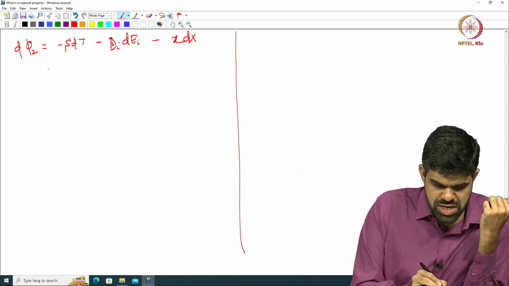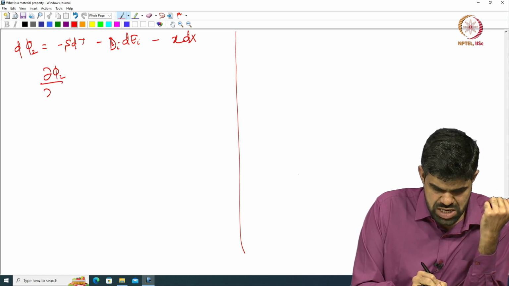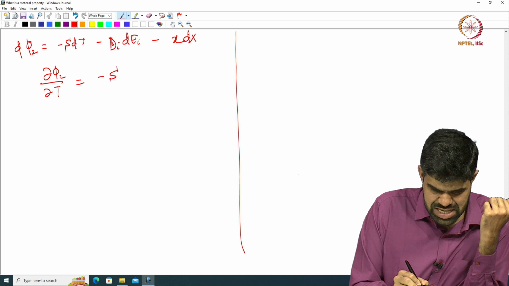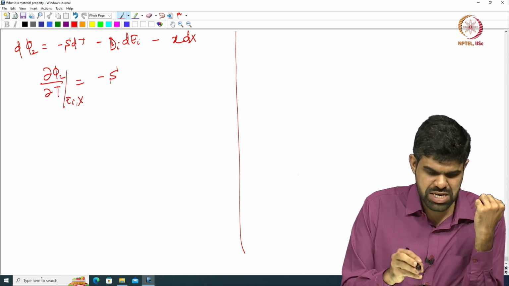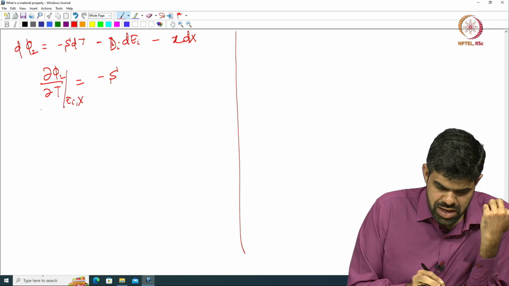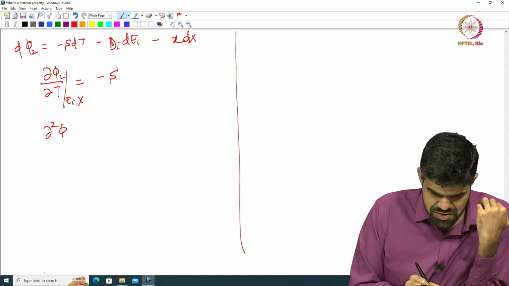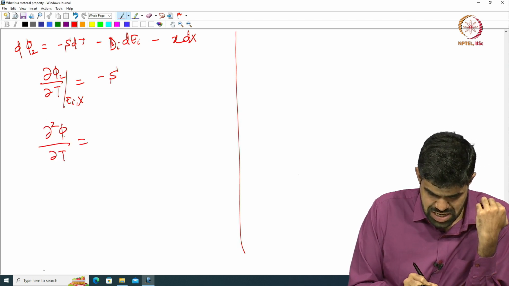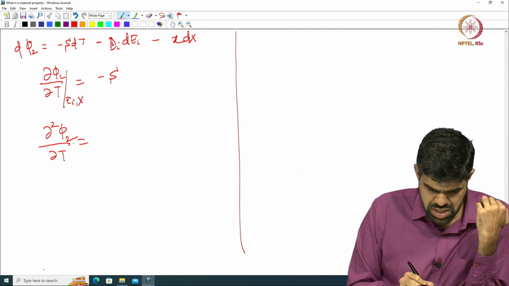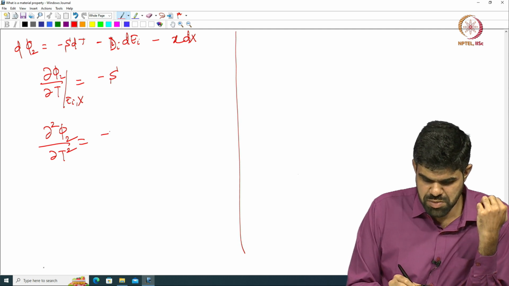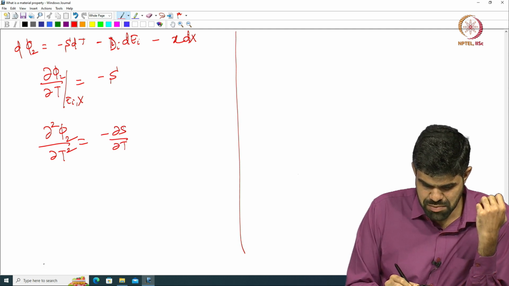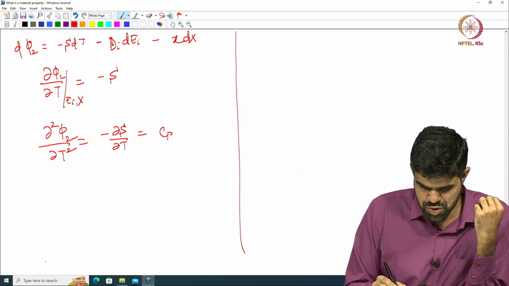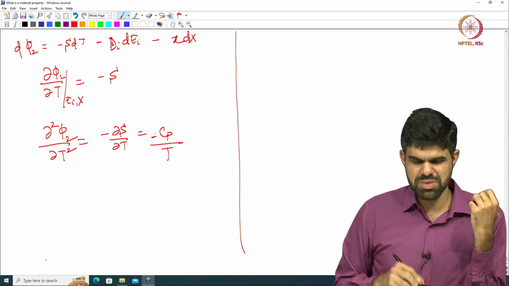If I just look at dou phi 2 by dou T, I have a minus s, right, keeping the E_i's and all the x_ij's constant. And if I take a double derivative of that, dou T square, that would be minus dou s by dou T, and minus dou s by dou T I know is a property which is Cp by T. Actually it is minus Cp by T.